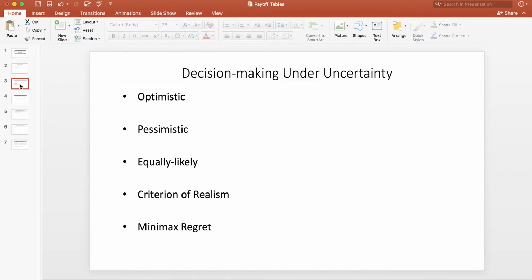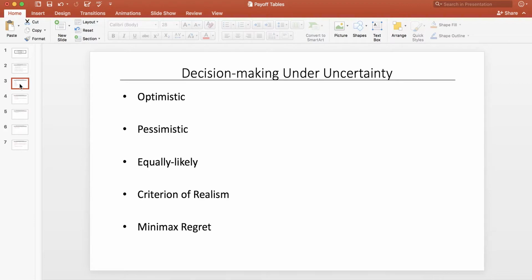After we create this payoff table, we are going to apply a technique and select the best decision for us. In this particular video, we are going to focus on the case where we are making decisions under uncertainty.